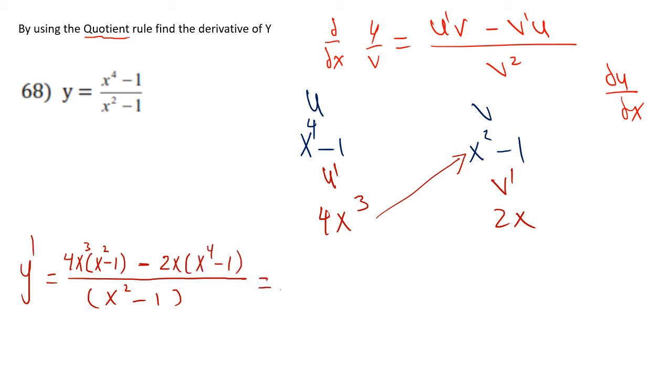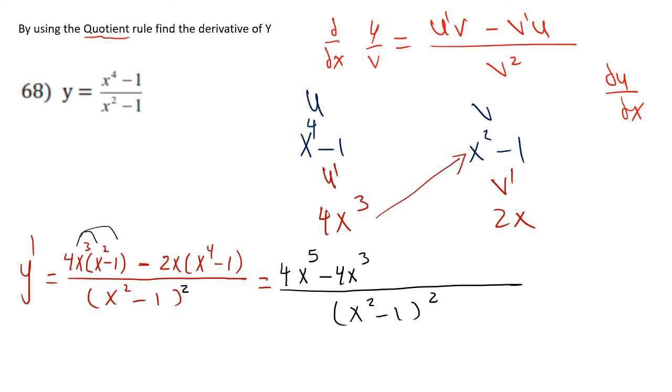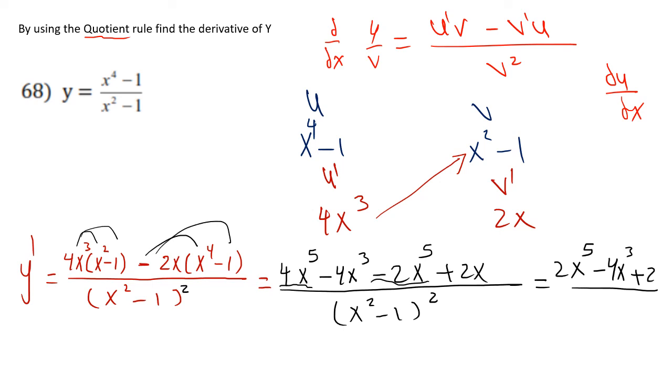By expanding the bracket, negative multiplied by positive is negative, and positive terms. So adding the like terms, 4x to the power of 5 minus 2x to the power of 5 is 2x to the power of 5, minus 4x to the power of 3 plus 2x, divided by (x squared minus 1) whole squared.